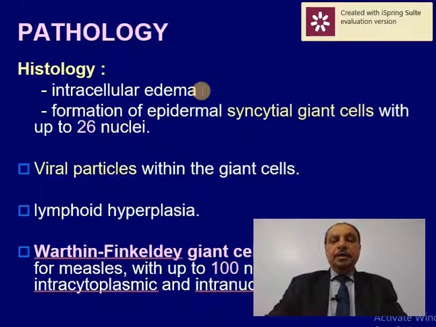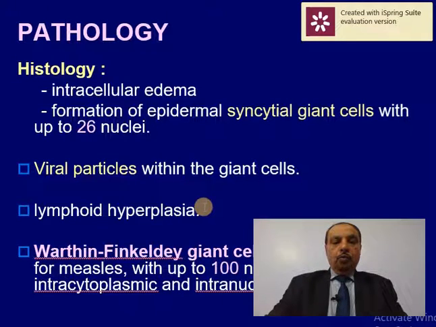Viral particles will be present in the giant cells, and there will be lymphoid hyperplasia, and maybe this is the cause of appendicitis sometimes during measles, because hyperplasia causes obstruction of the lumen.